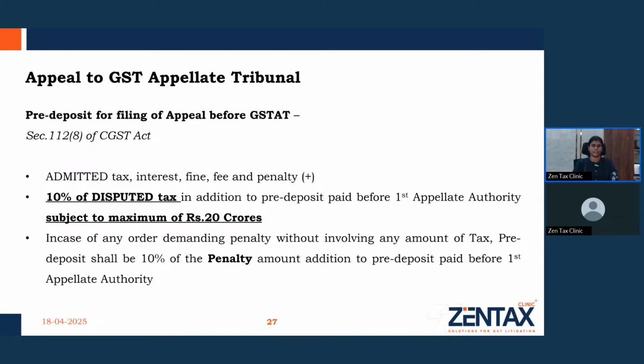That is, this 10% of the disputed tax should be paid in addition to the 10% of the disputed tax which we have paid during our first appeal. The maximum amount will be only 20 crores in this appeal also.